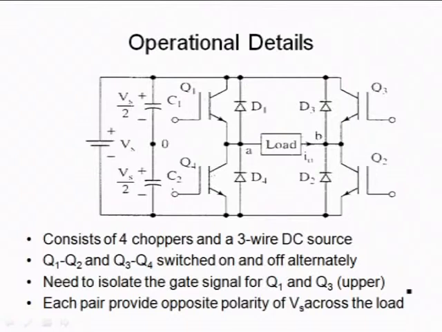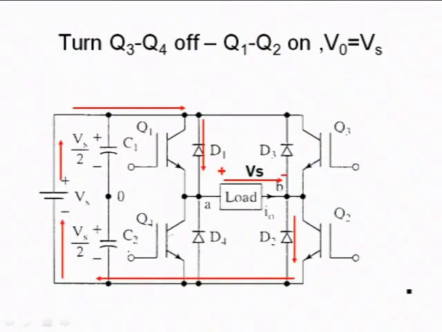Let us see the operation of the single phase full bridge inverter. Similar to the earlier case, the operation follows similar lines. Here, first we turn on Q1 and Q2. Q1 and Q2 are on for the duration t greater than 0 and less than T naught by 2.